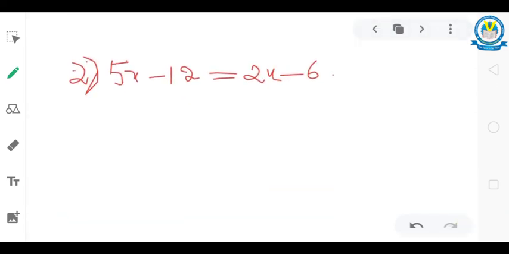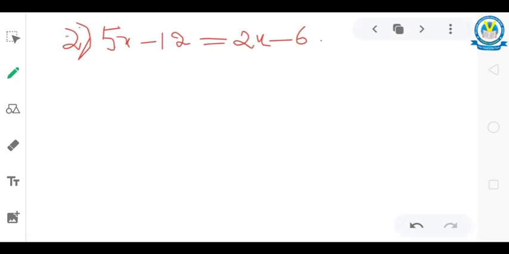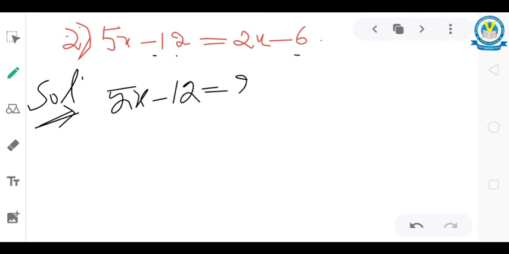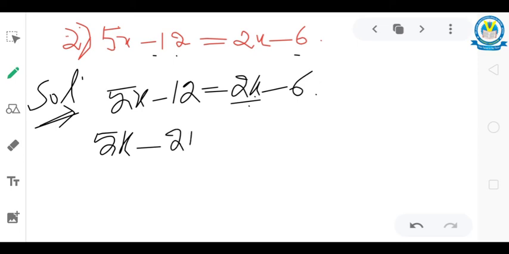Now moving to the second question: 5x minus 12 equals 2x minus 6. How to find? Suppose this is the LHS and this is the RHS. Here 2x is a positive integer. After moving this side, it turns into a negative integer, minus 2x.